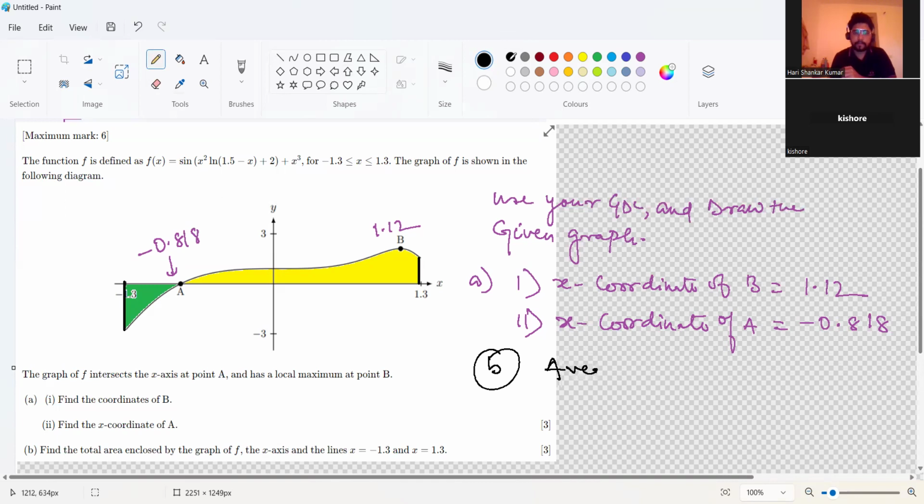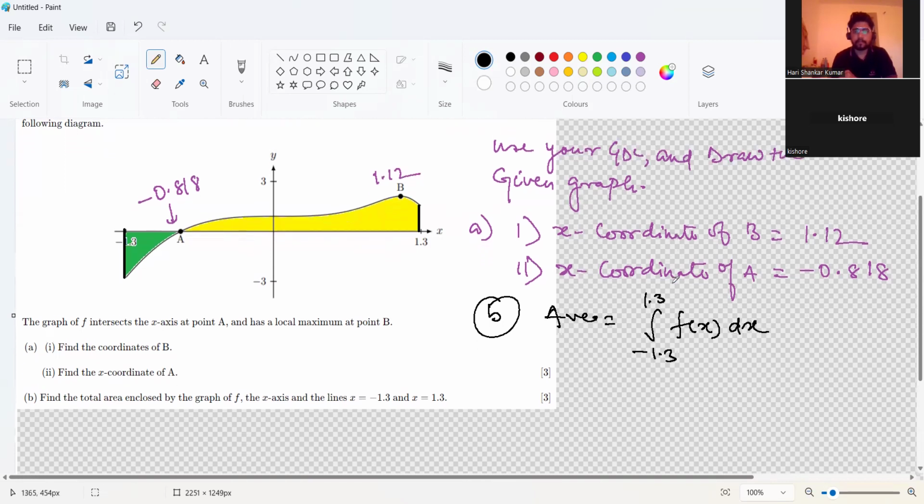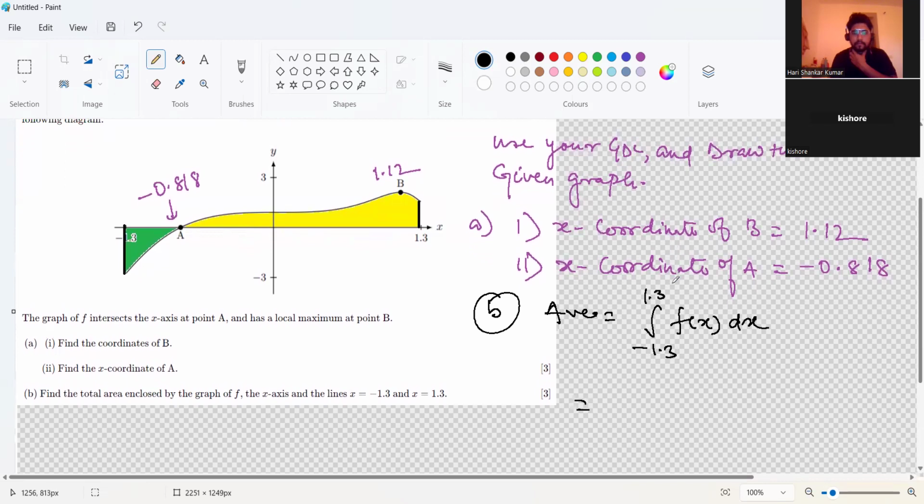So for area, I'll use the integral from negative 1.3 to positive 1.3 of f(x) dx. I'll take a negative outside because the area on this side is below the x-axis. So from negative 1.3 to A, negative 0.818, negative integral of f(x) dx, plus the integral from negative 0.818 to 1.3 of f(x) dx.